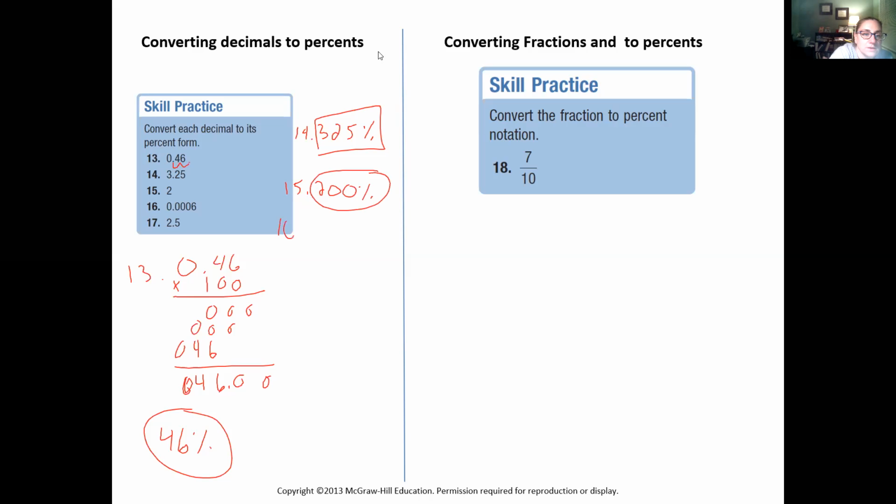For 16, 2 to the right, 1, 2, 0.06%. And for 17, 2 to the right, 1, 2, 250%.